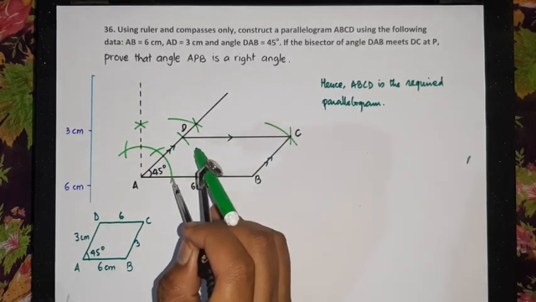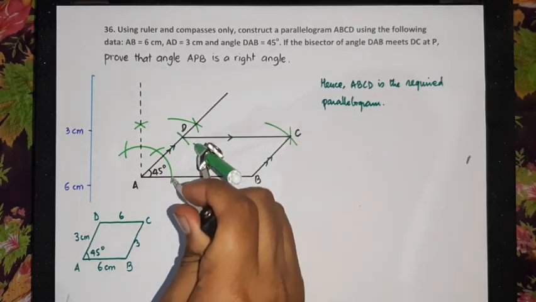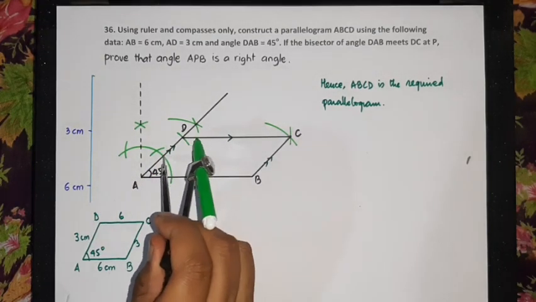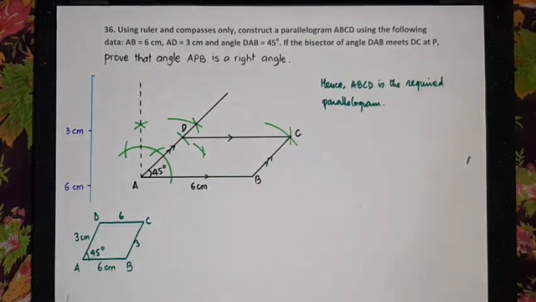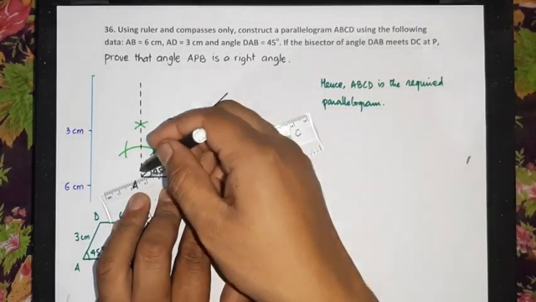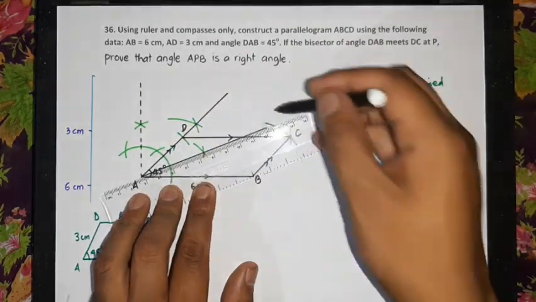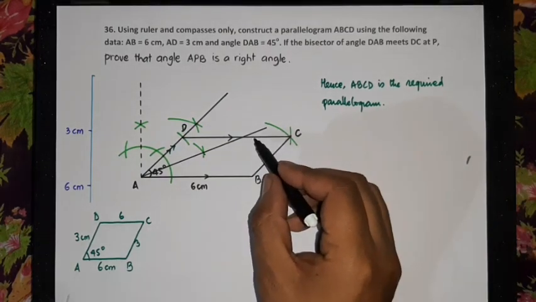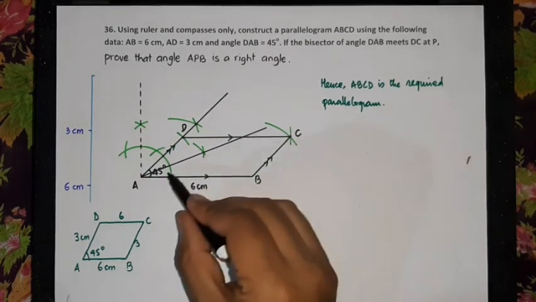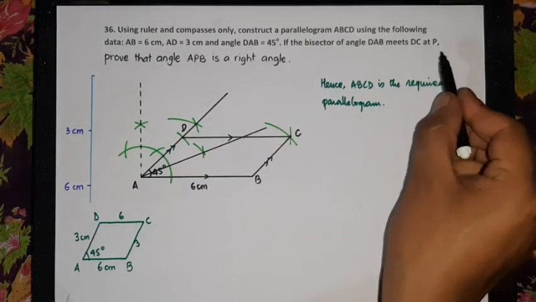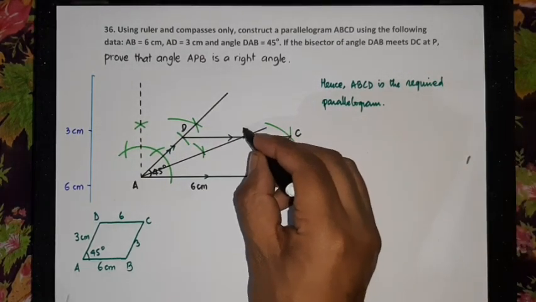So wherever it is forming 45 degrees, we'll keep our compass at that point. From here I'll take an arc, don't change the radius, keep it here and cut this line. And we will join this way. So whichever line I have drawn is my bisector. And this bisector meets DC at this point, and this point is known as my point P.